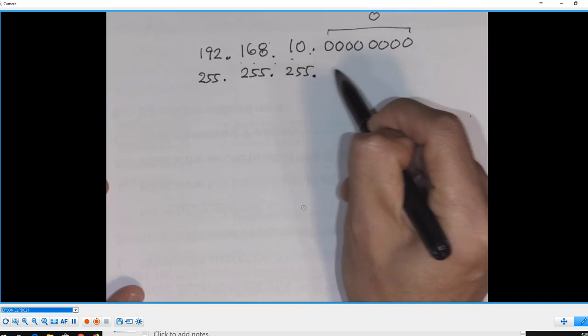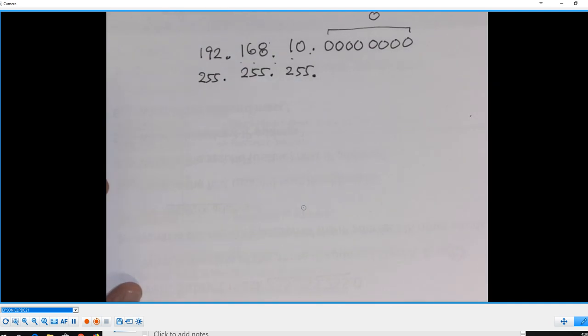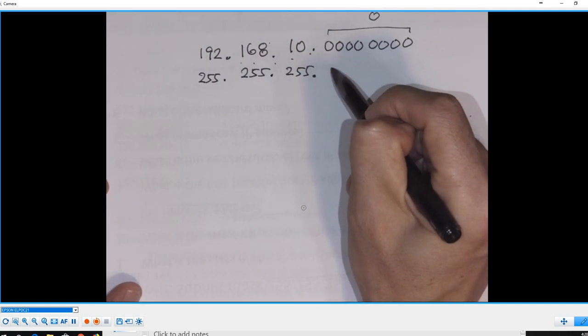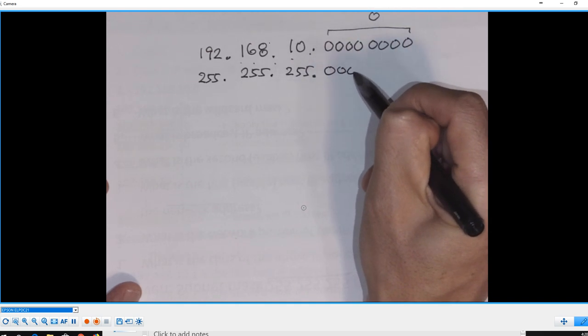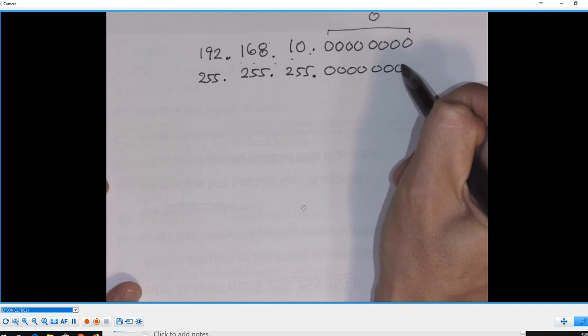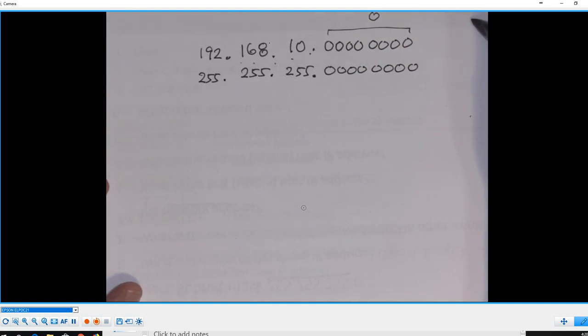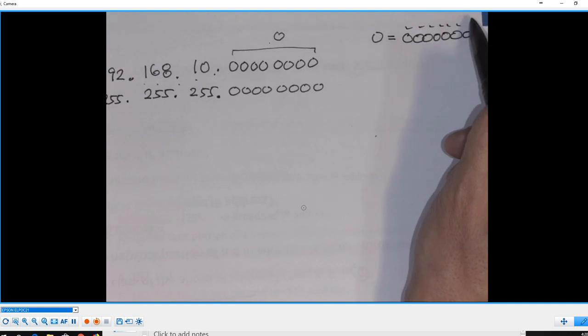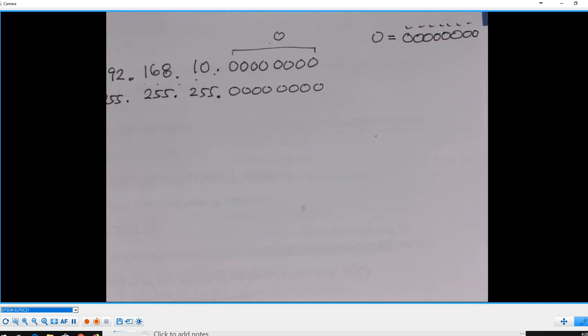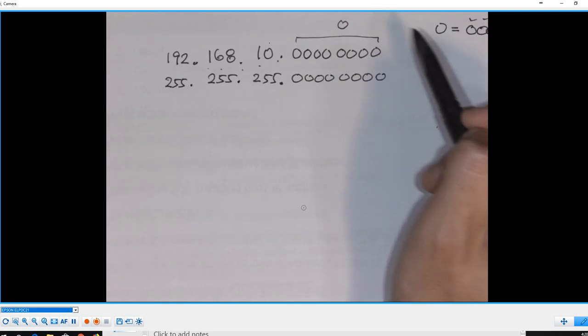I'm going to expand this 0 into bits: 1, 2, 3, 4, 5, 6, 7, 8. So a decimal 0 is 8 bits in binary, 8 of them.